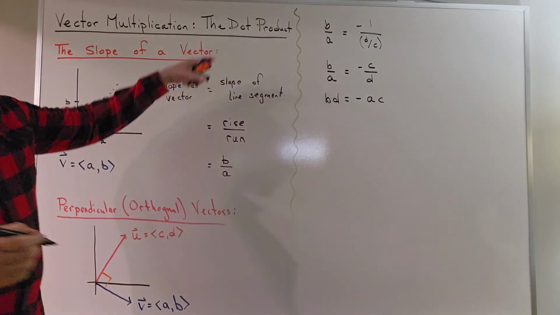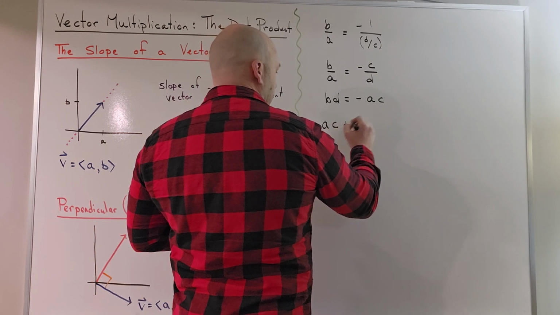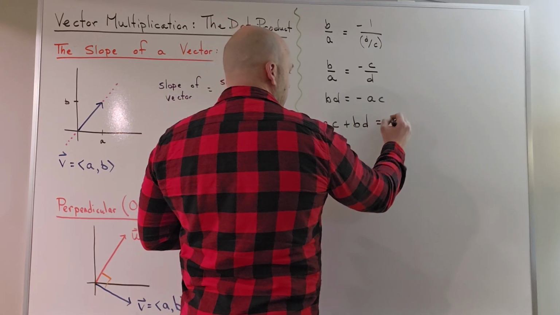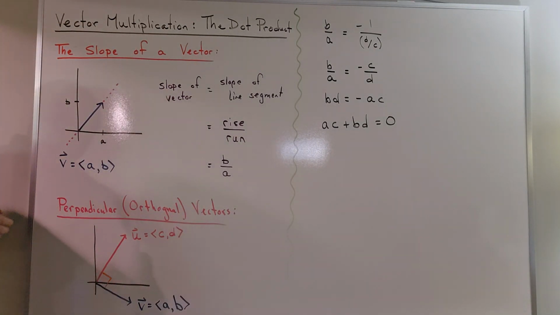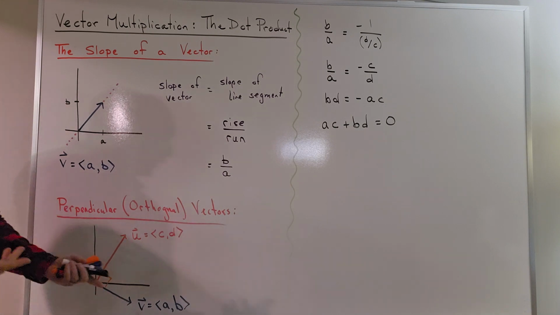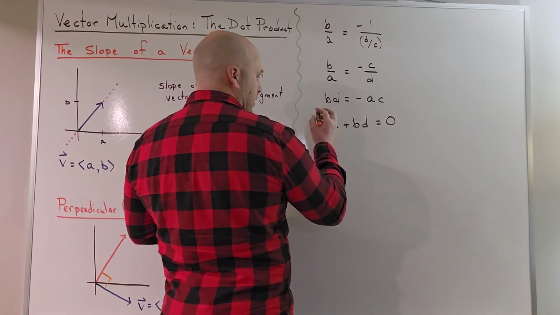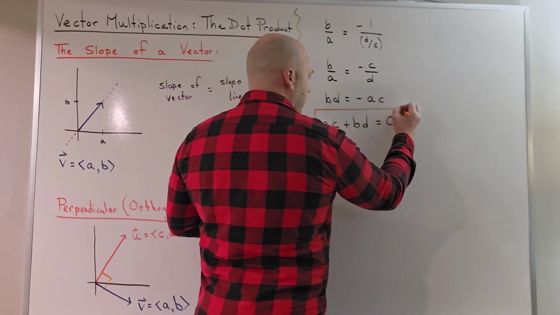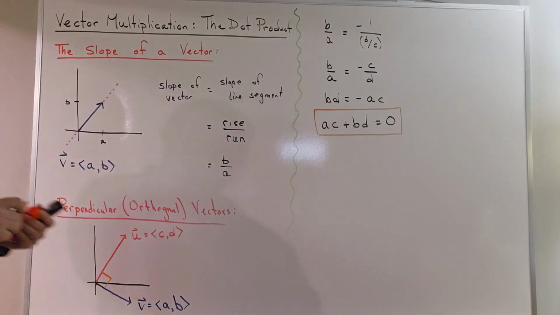Let's add the negative term over to the other side. That gives me AC plus BD is equal to 0. Therefore, if I give you these two vectors, u and v, without even looking at the graph, this equation actually gives me a test to determine whether or not they are orthogonal.